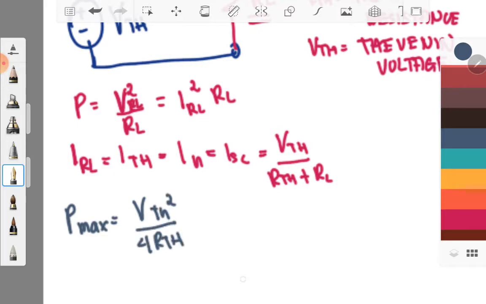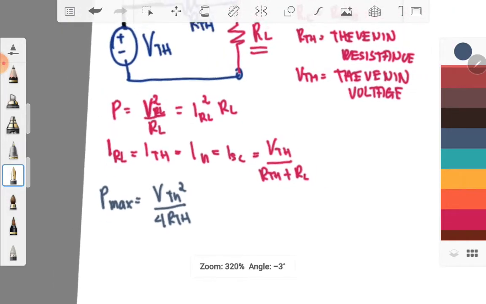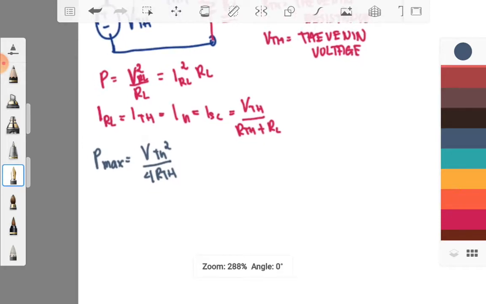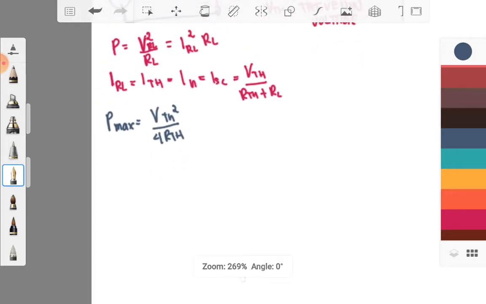So how did that happen? This derivation of the formula will give you the definition of the maximum power transfer, wherein in order to have a maximum power transfer, your RTH must be equal to your RL. That is, at RTH equal to RL, you get the maximum power transfer at your RL.